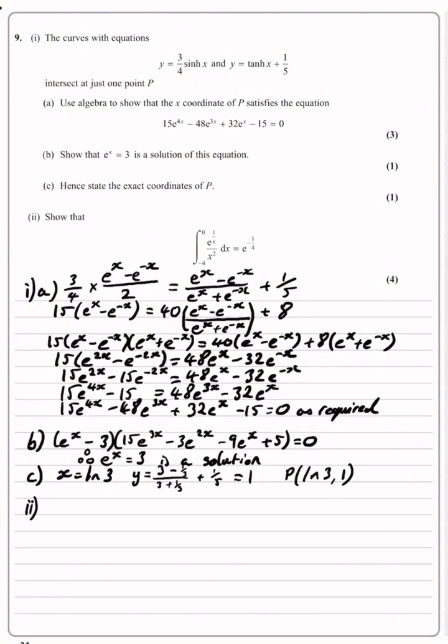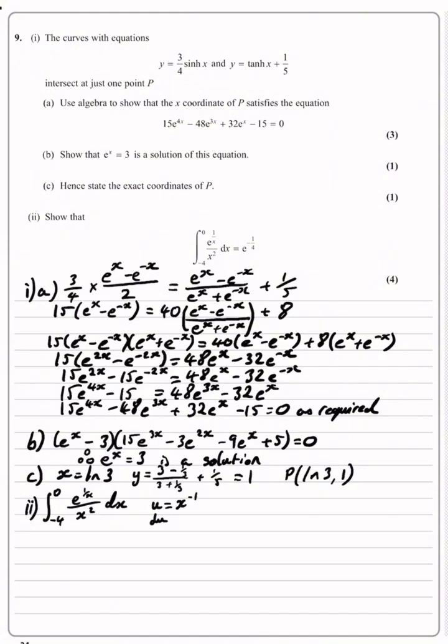For part 2, we're asked to integrate. So we're integrating between -4 and 0, e to the 1 over x squared. I'm going to use a substitution here, u equals 1 over x.